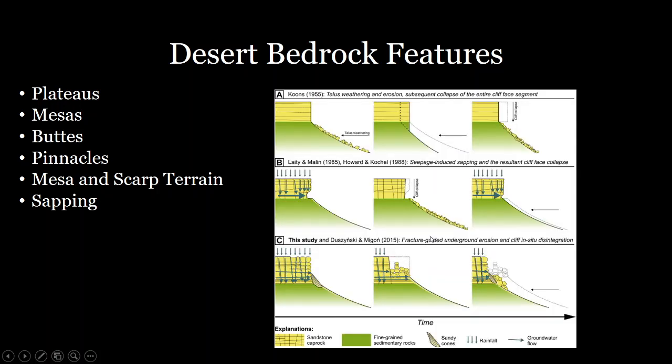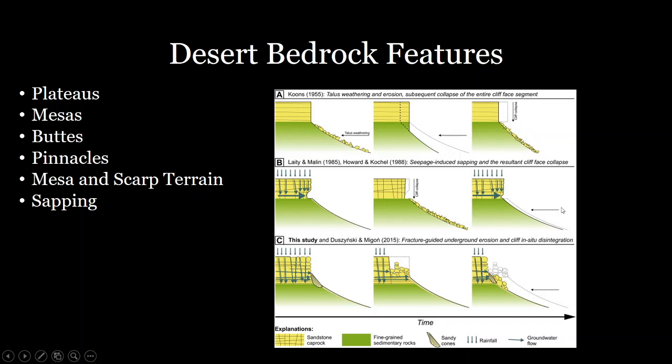We can see that happening here. Sometimes that mesa and scarp terrain just forms from erosion providing an equal erosional force to the hillside and eroding it back, but sometimes water and sapping is an important aspect of it.